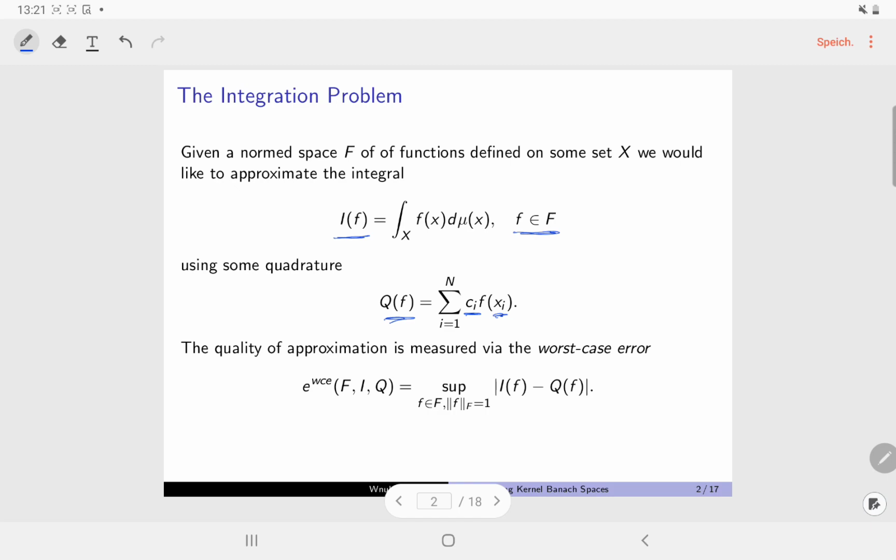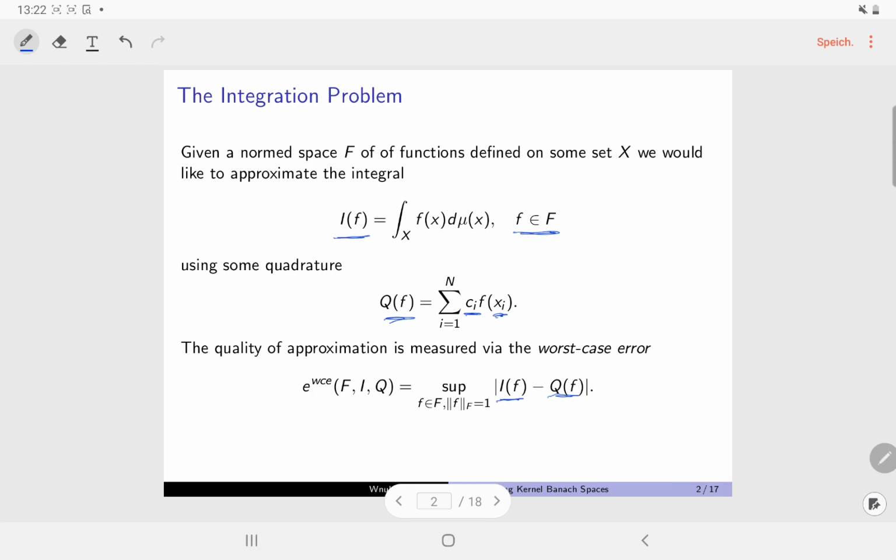With that in mind, we are able to say what we mean by a good quadrature. So we are able to define the error criterion. And in our case, this is just the worst case error. That is, we simply compare the integral with the outcome of the quadrature, take the absolute value of this difference, and a supremum over all f's with norm 1.